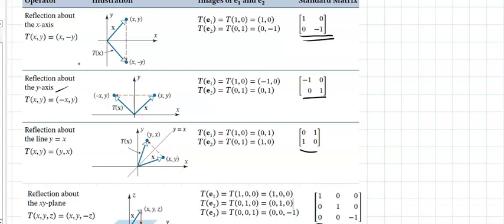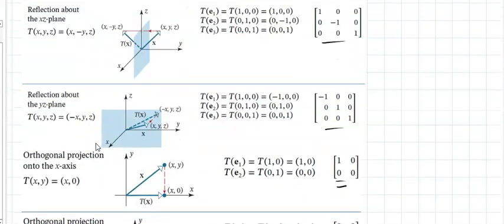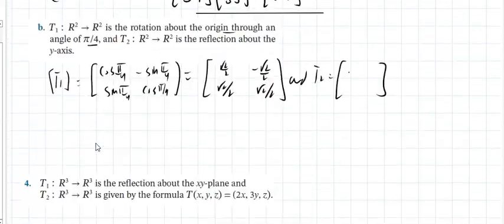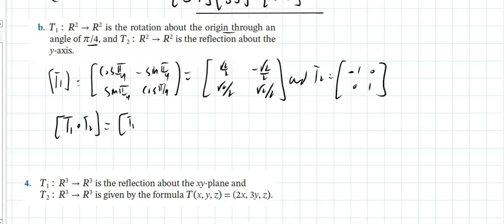That will be negative 1, 0, 0, 1. Well, in this case, again, if I take T sub 1, composite it with T sub 2, that would be T sub 1, T sub 2.